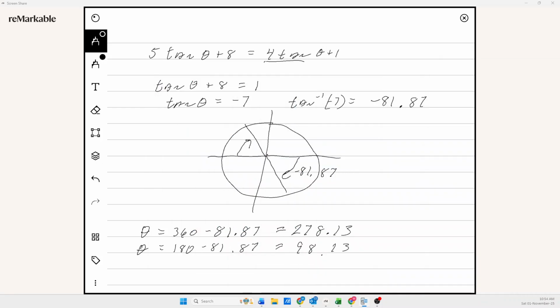We can do that with any of our functions, whether it's sine or cosine or whatever. We just have to remember where tangent is negative. It's these two quadrants. If it had been +9, we would have been in these two quadrants here. That's the kind of thing we're going to be doing in class.